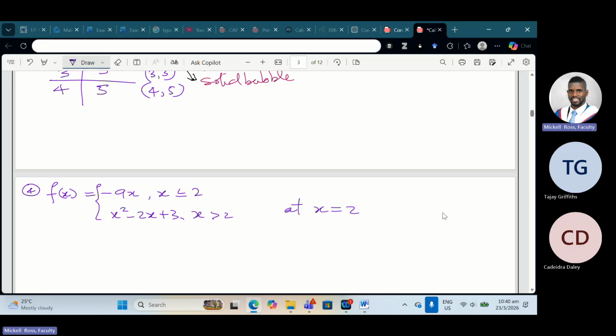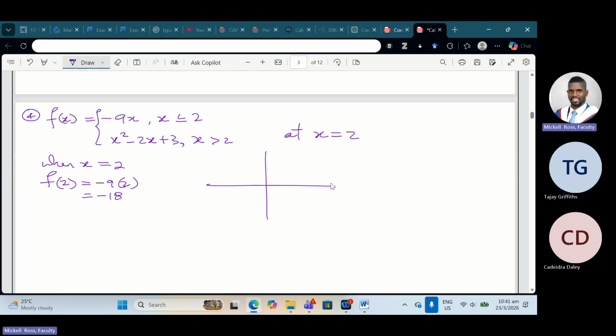We're checking to see if it is continuous or discontinuous at x is equal to 2. When x is equal to 2, we have to use this function because this is where x is less than or equal to 2. So f of 2 is going to be equal to negative 9 times 2, which is going to give us negative 18. All right.